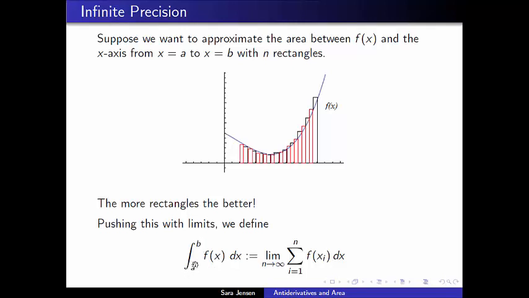It's having these number values, a and b, right here that make this expression what we call a definite integral as opposed to just an integral. And all this notation means is that it's a shorthand for the thing on the right-hand side of that equation.